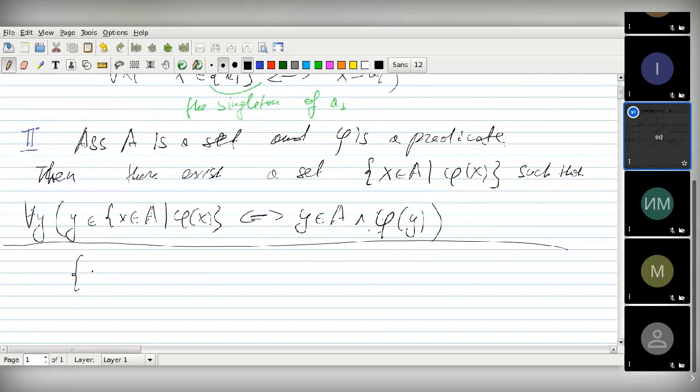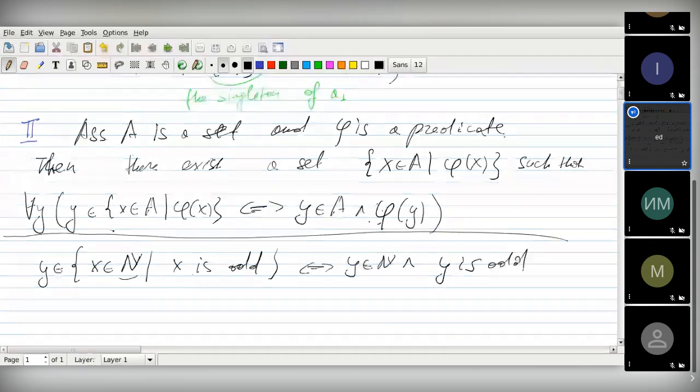You may consider all x's from the set of naturals which are odd. Here ℕ is A, and being odd is phi. So our property is just being odd. Of course, every y belongs to this set if and only if y is a natural number and y is odd. That is, y satisfies our phi.